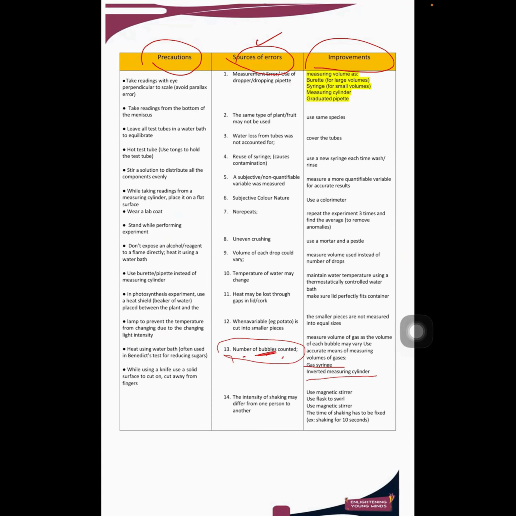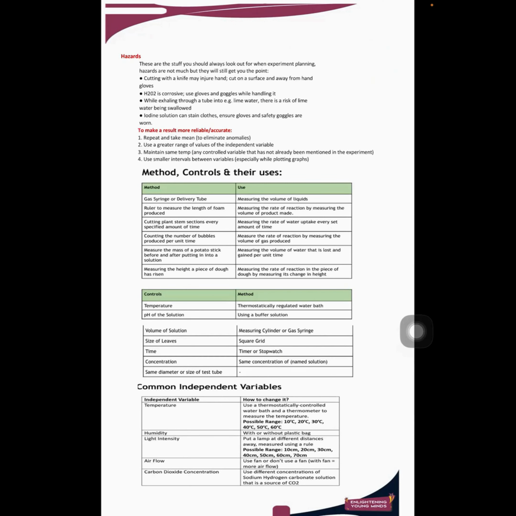These are safety precautions. Wear a lab coat, for example. While cutting with a knife, cut away from your finger. You get the idea? Take a screenshot, please. Some hazards, which are safety controls: cut away from your hand.